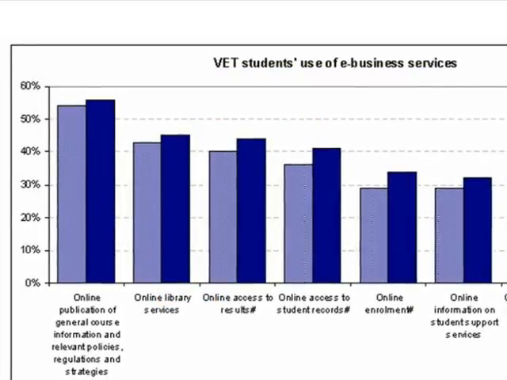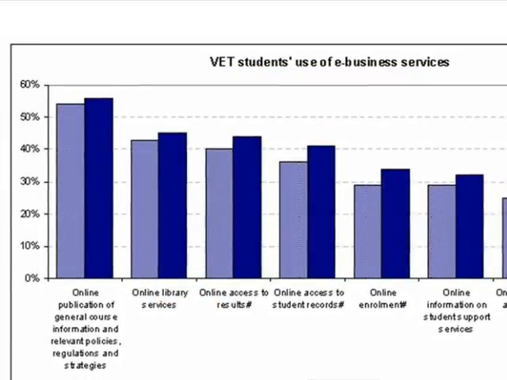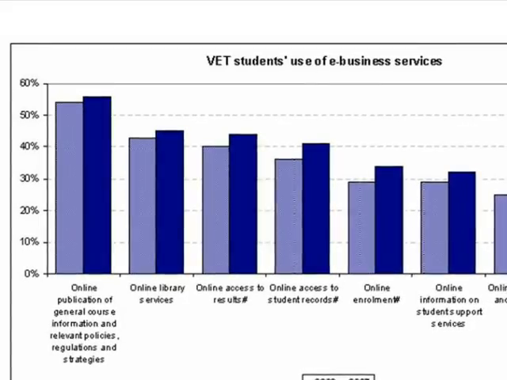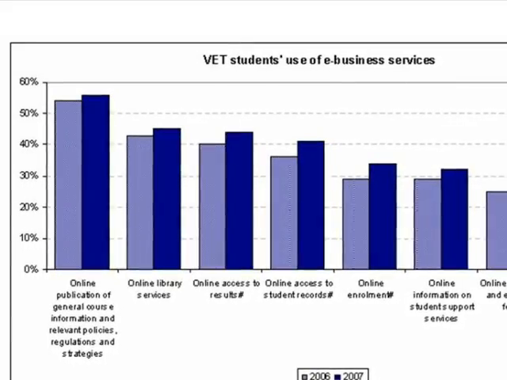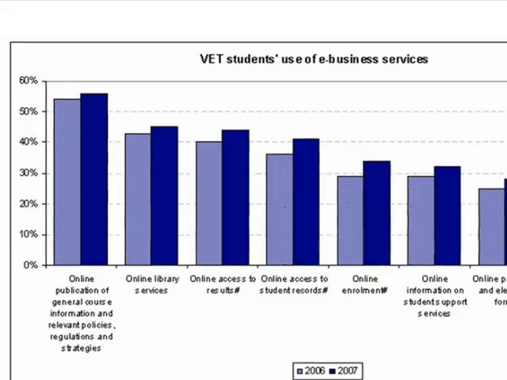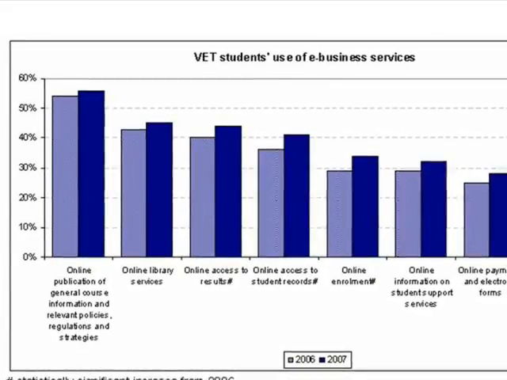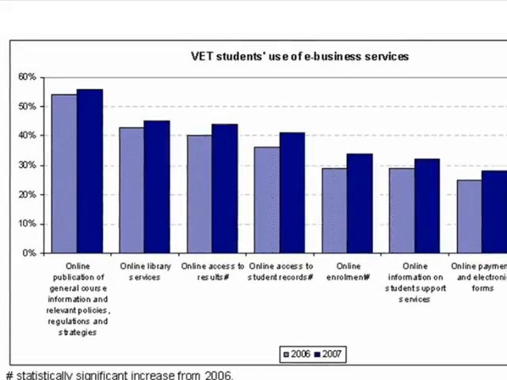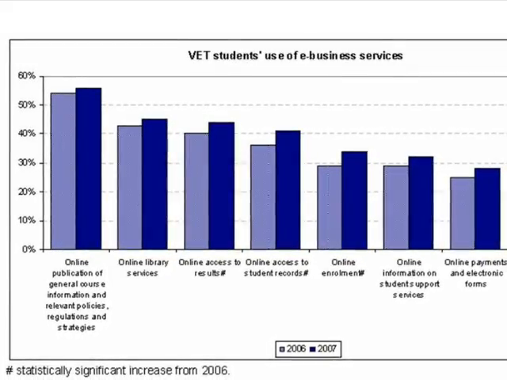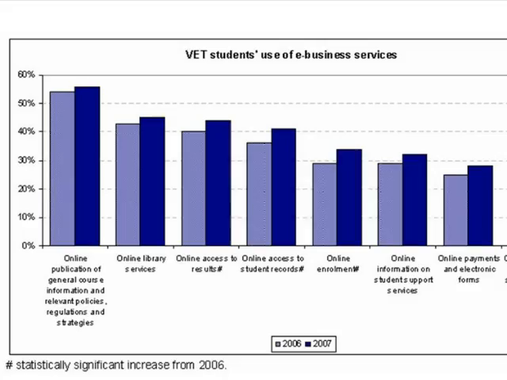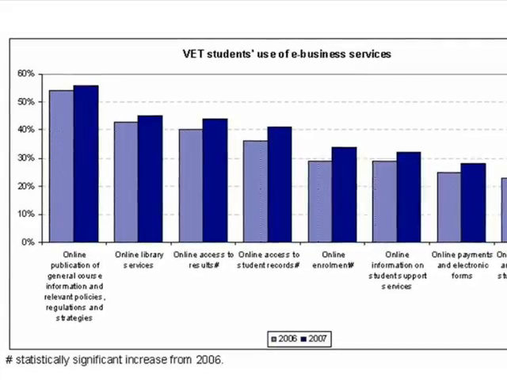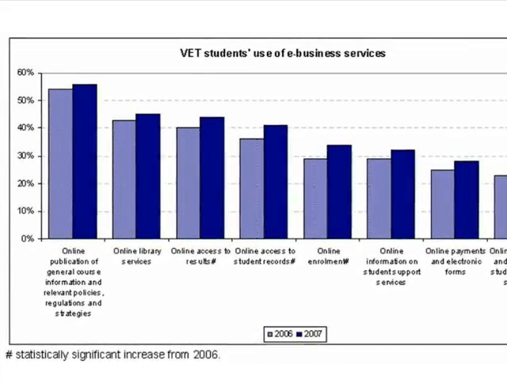This slide shows the percentage of VET students who use various e-business services. The most frequently used is the use of online services for general course information, policies, regulations, online library services, and online access to results.